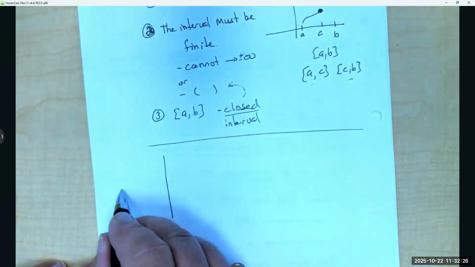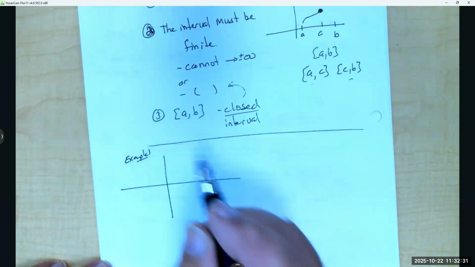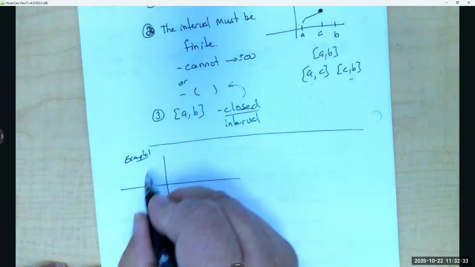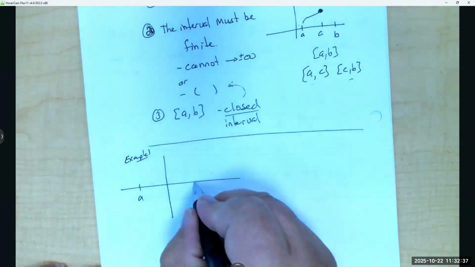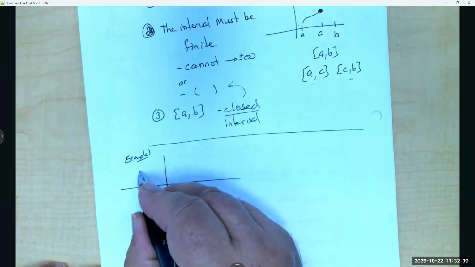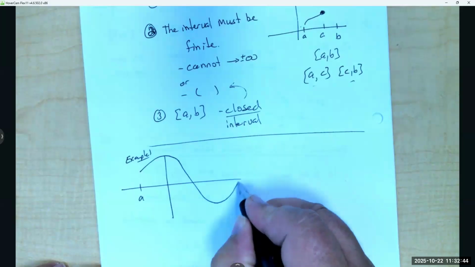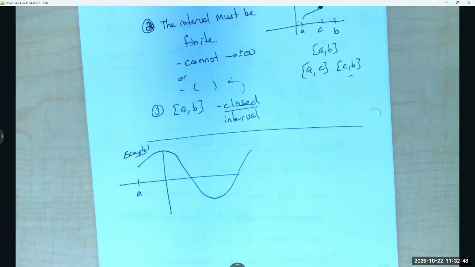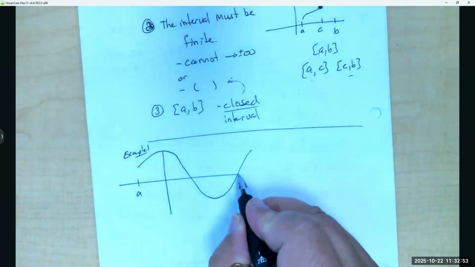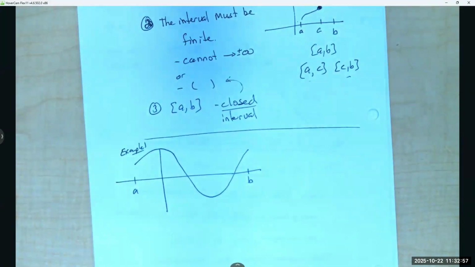So this one here has example 1. Here's A. So we start off. Here, name label B. Do we have a maximum or minimum there?